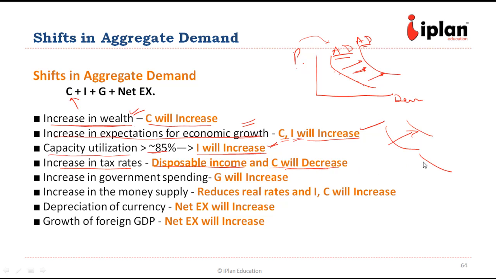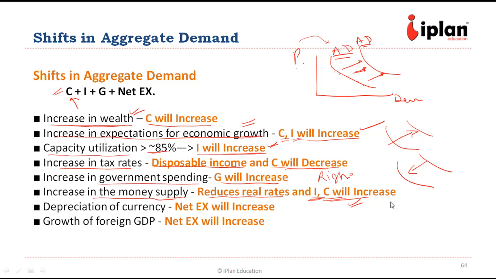If the government spending is increased, G will increase, so again the shift will be rightwards like the first case. G will increase, aggregate demand will increase. If the money supply is increased, the real interest rate will come down and investment as well as consumption will go up, so again a rightward shift as in the first case.